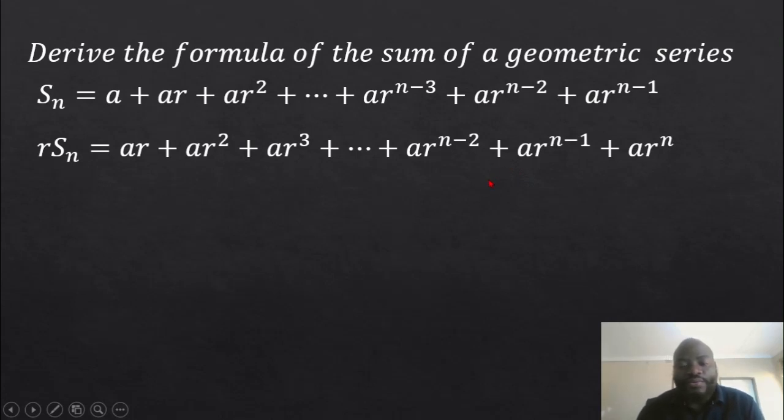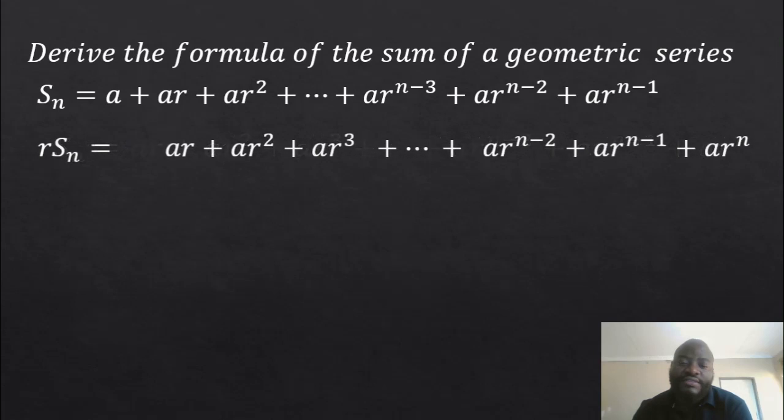So now, to continue with our derivation, we're going to subtract the two equations. To subtract them, we can align them. You see that this one is aligned with this one. They're the same. This one is aligned with this one.